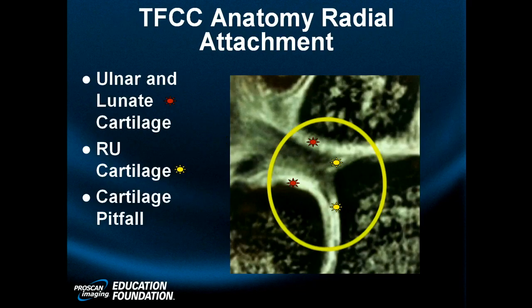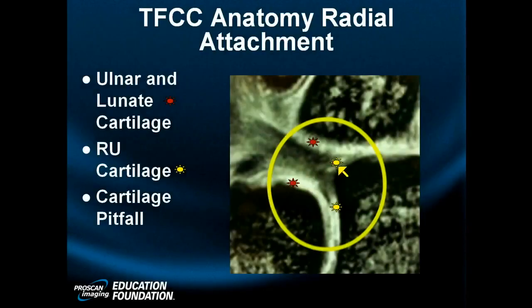Last one. Here's a high-resolution view of the TFC. It looks like a little cup. This high signal is cartilage. It's normal. Cartilage, capsule, and synovium, normal. Cartilage, capsule, can't see much synovium, normal.